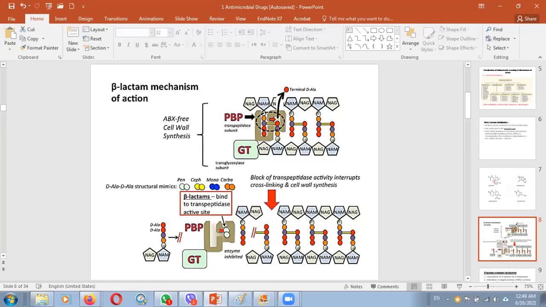What happens is that beta-lactams bind to the transpeptidase active site, and thus transpeptidase will be blocked, leading to interruption in cross-linking and cell wall synthesis. The cross-linking is important to build a strong cell wall, and without cross-linking, the cell wall will be weak and leads to cell lysis.